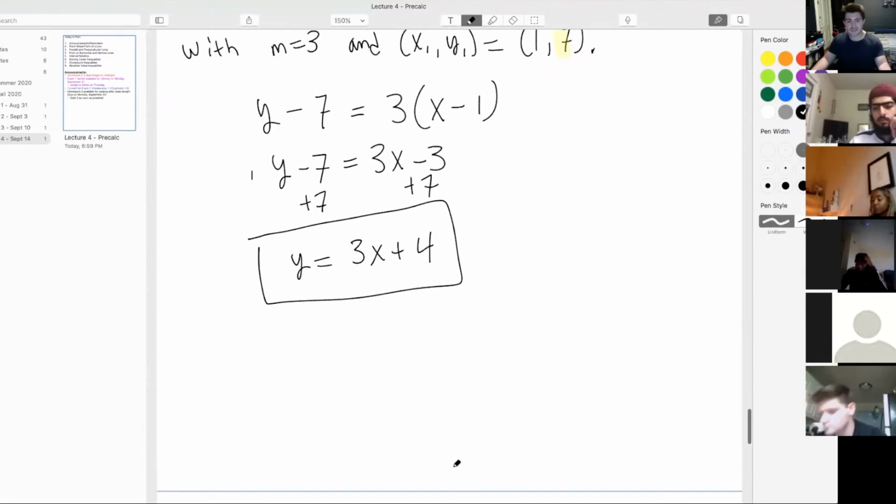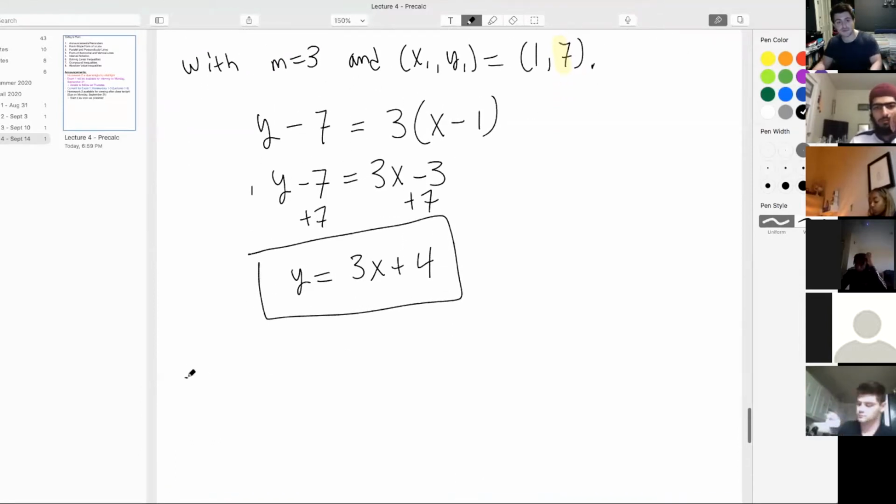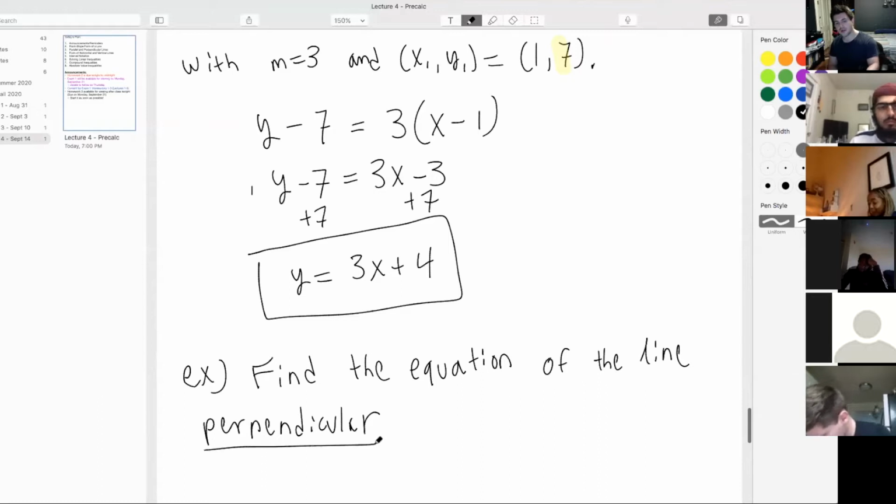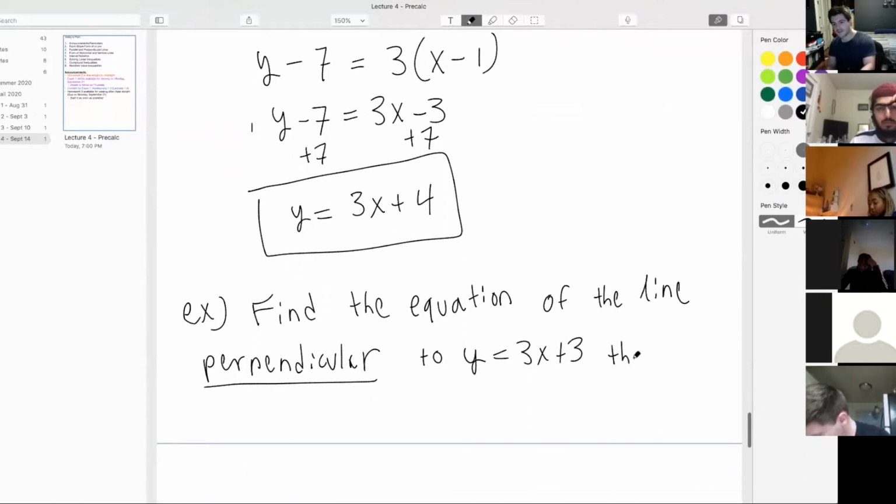Good. Let's do the same thing, but now let's do it in the perpendicular case. So next, find the equation of the line perpendicular to y equals 3x plus 3 that passes through the point (3, 0).